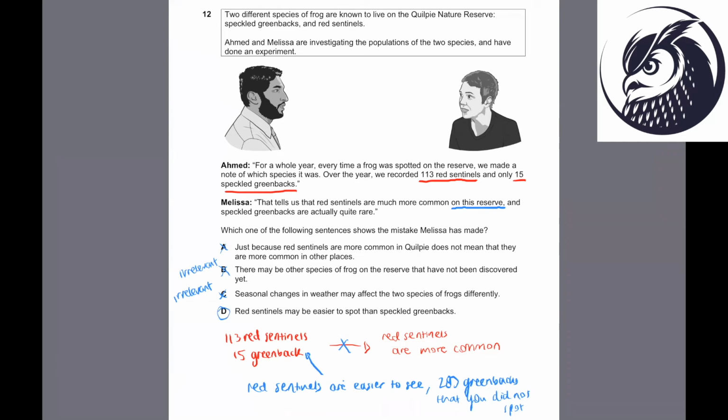So therefore, our best answer option is D. Okay, so you can see that option D provides an alternative explanation to why they got these particular numbers here. Okay.